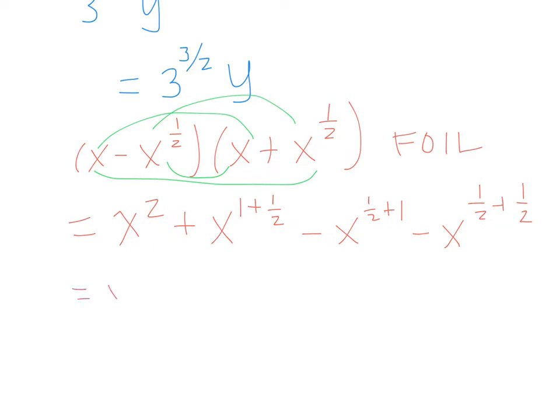We've got x squared, that stays the same, plus 1 plus 1/2, we get exponent of 3/2, minus x to the 1/2 plus 1, so that's the 3/2 again. And then minus x, 1/2 plus 1/2, we get exponent of 1, which we don't actually need to write down. The middle 2 terms are going to cancel each other out, and this simplifies to x squared minus x.